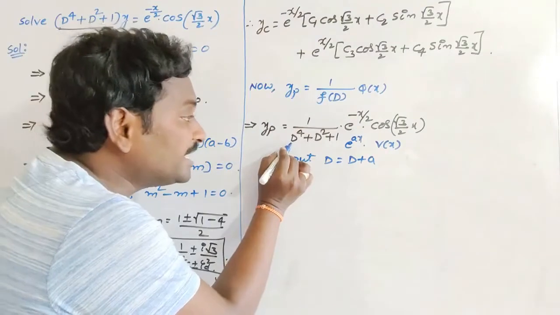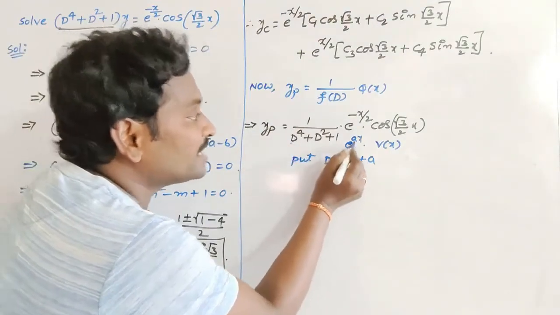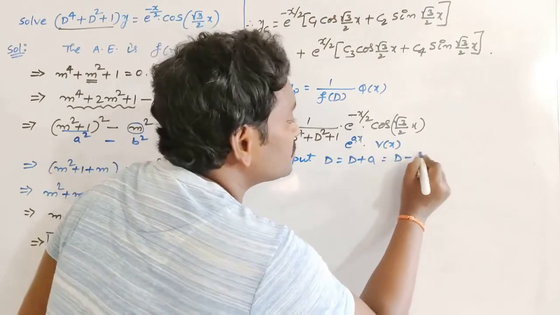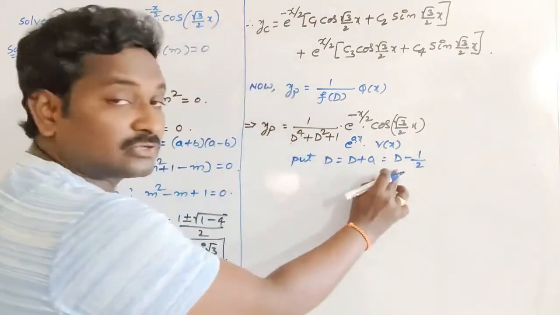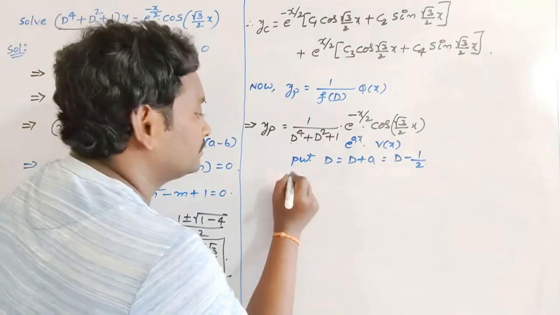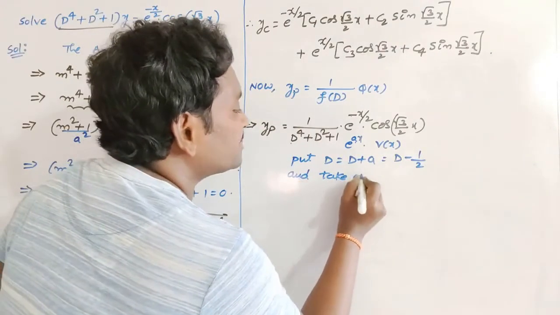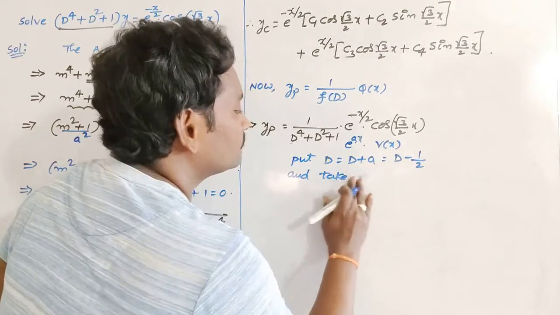Whenever we have D, replace it by D + a. What is the a value here? The coefficient of x, which would be -1/2. So replace D by D - 1/2 and take the term outside.